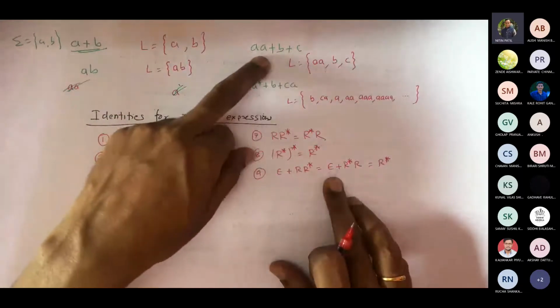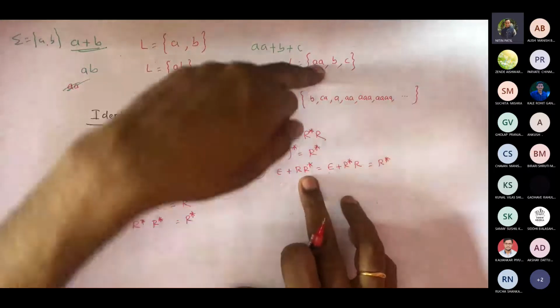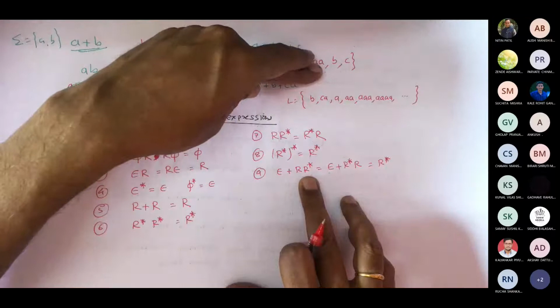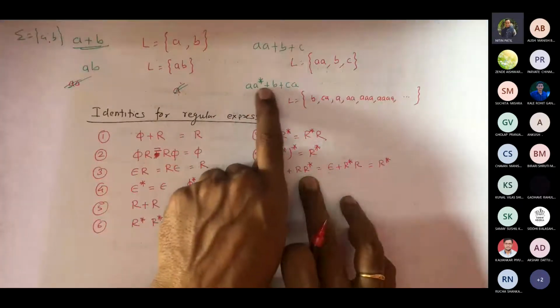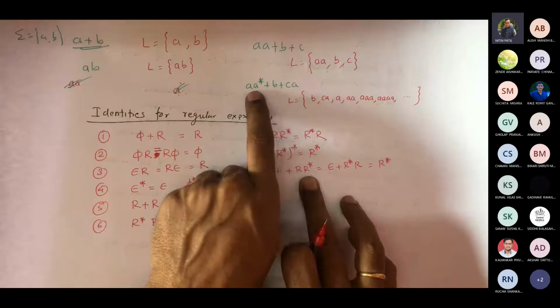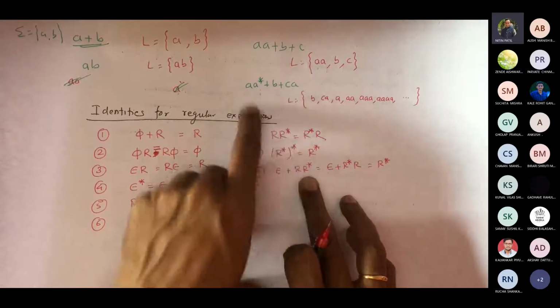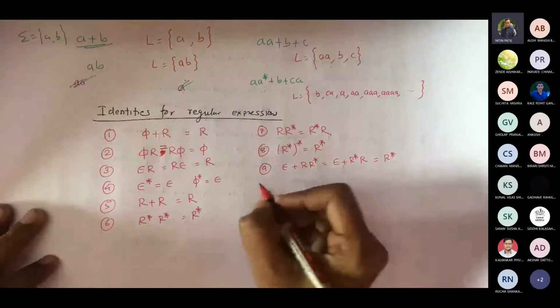Epsilon plus r star r, so epsilon would be there, then r star r. So we already saw r star, correct? In this, it is like a star plus epsilon. So we already wrote this epsilon there. In this case, we don't have epsilon added there. That's why. Okay.